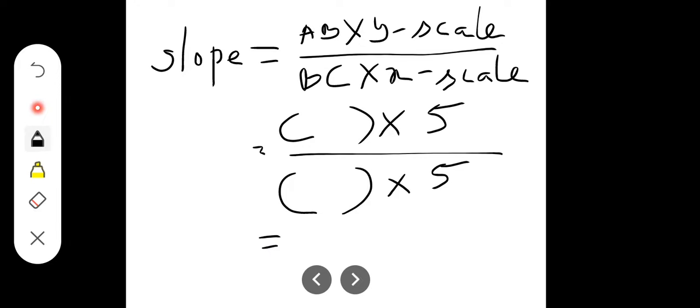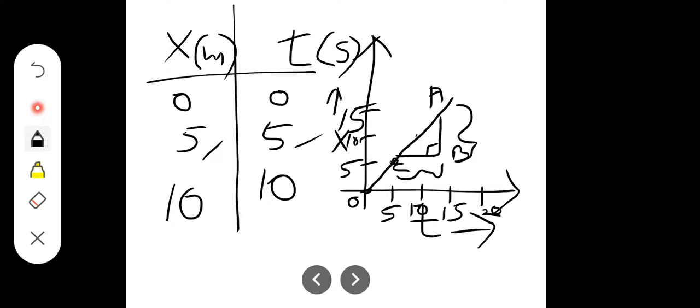So what is the slope here? So what you get in the numerator of this, that is some value into y scale. What you represented on the y axis, that is position.